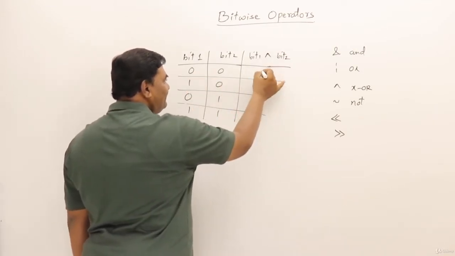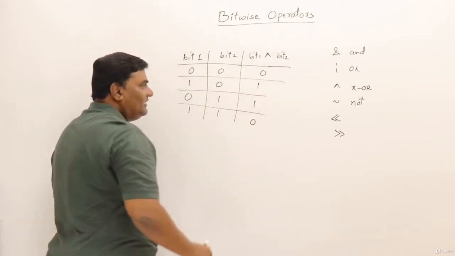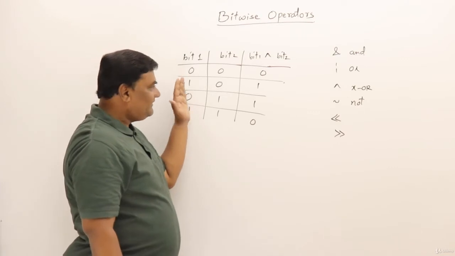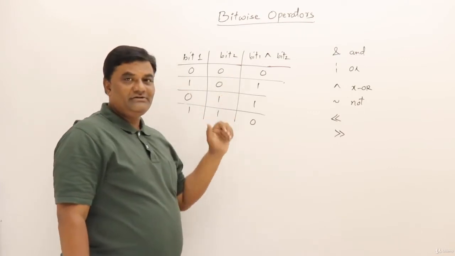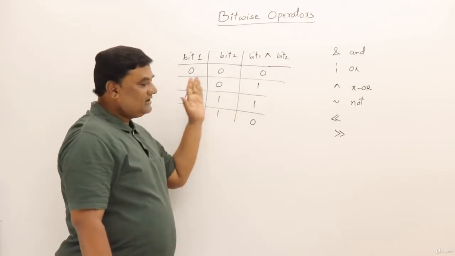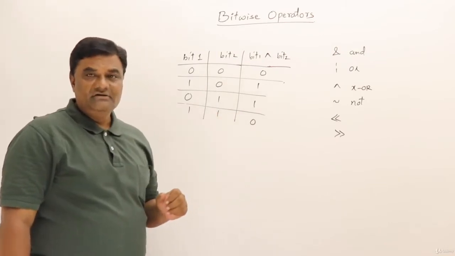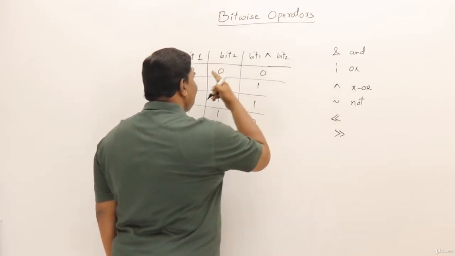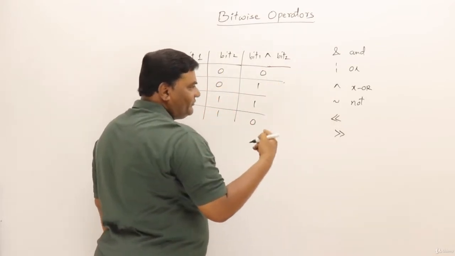If both the bits are the same, then it will be 0. Exclusive OR means exclusively, if one is a 1, then the other bit must be 0, or if one bit is 0, then the other bit must definitely be 1. So this is XOR. NOT means whatever the bit is, if it is 1, it will become 0, and if it is 0, it will become 1.